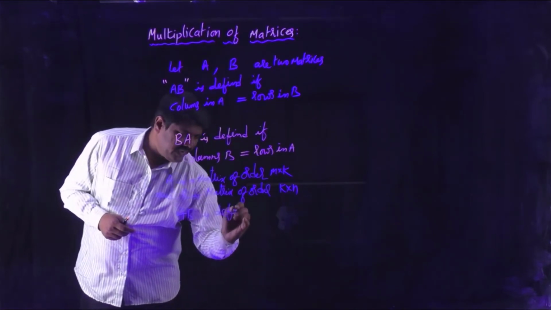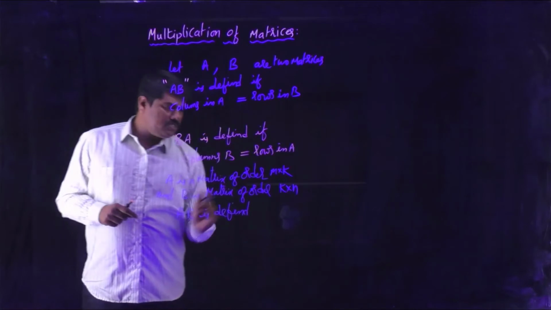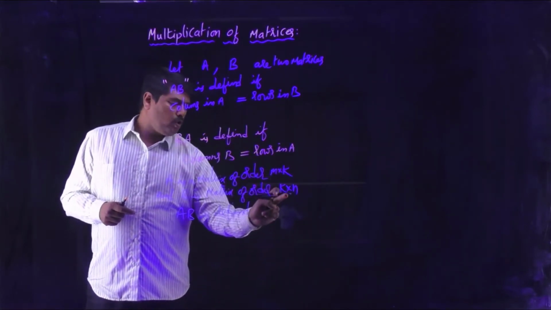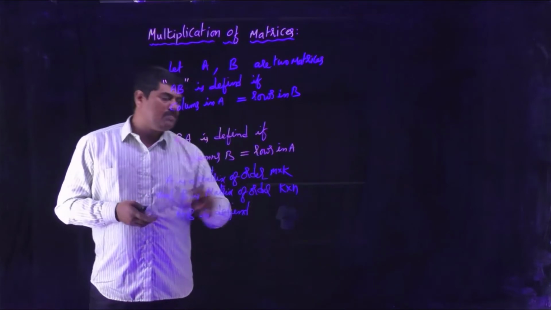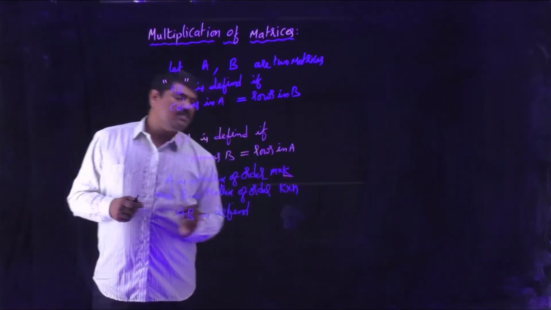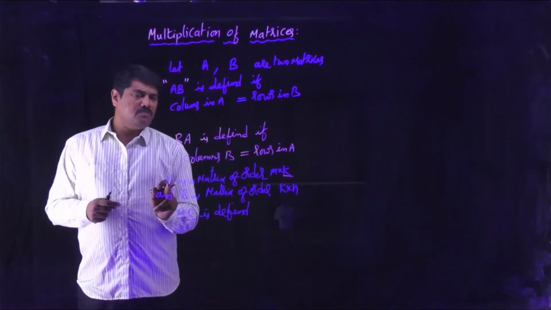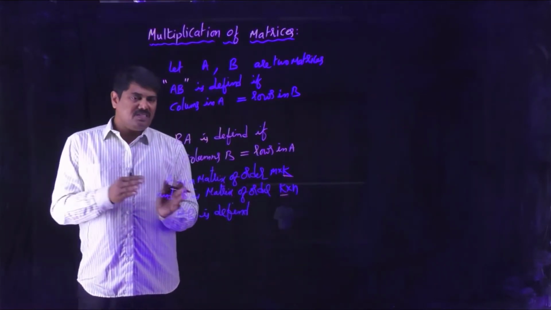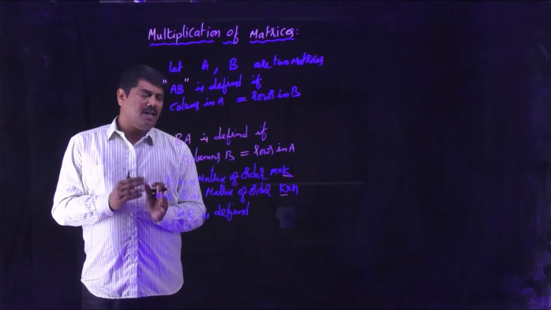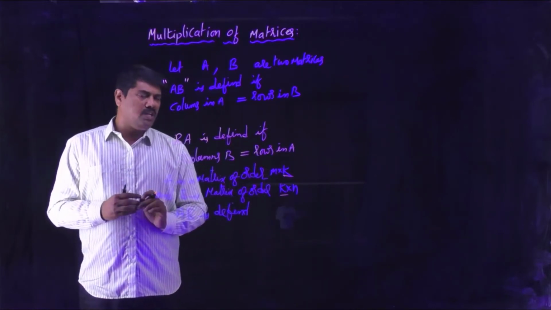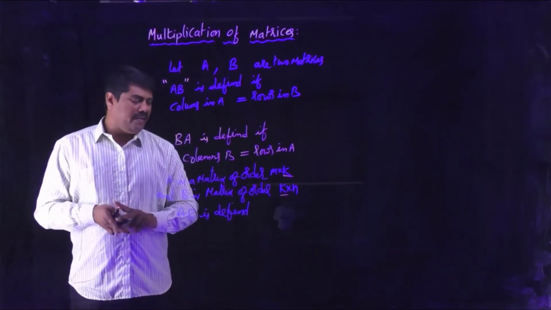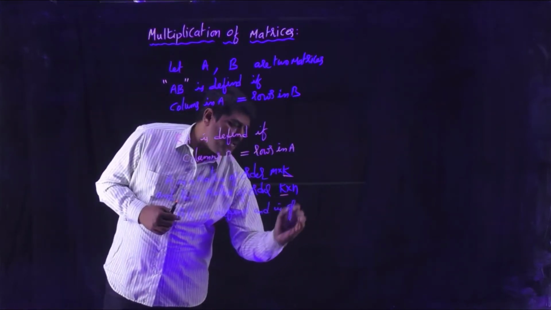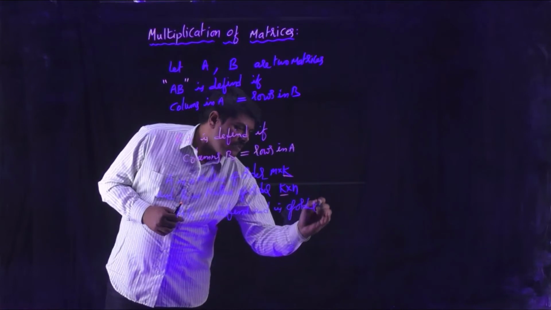Why? Because you can observe columns in A is K and rows in B is K. K is the number of columns of A and K is the number of rows of B. These two are equal. Columns of A and rows of B are both equal. Then AB is defined and is of order M by N.